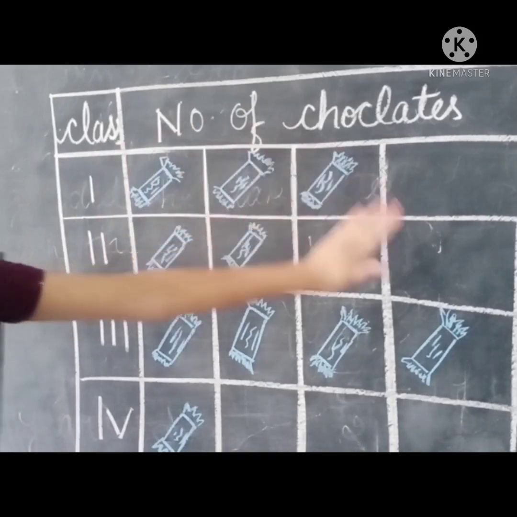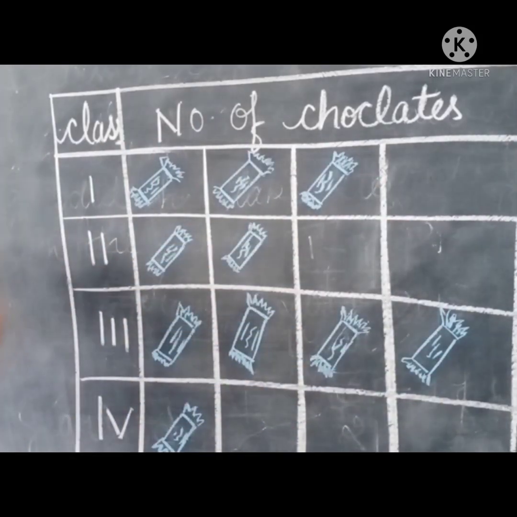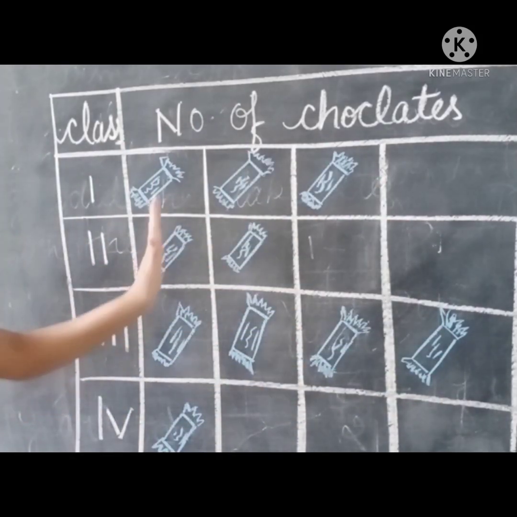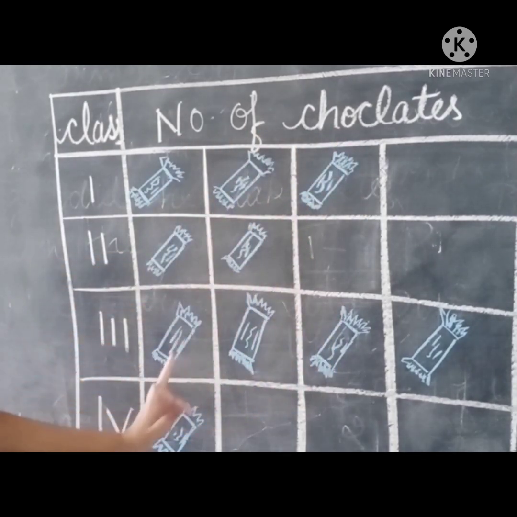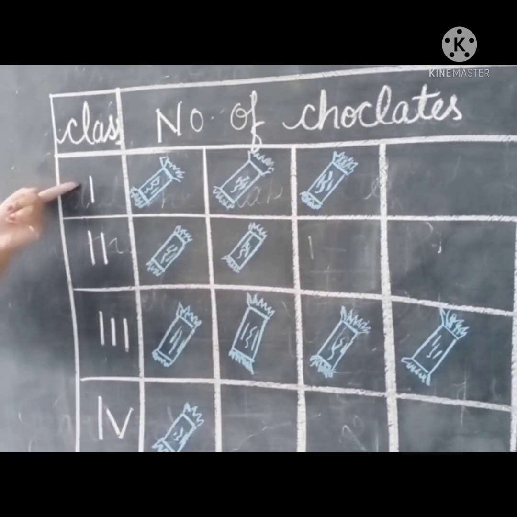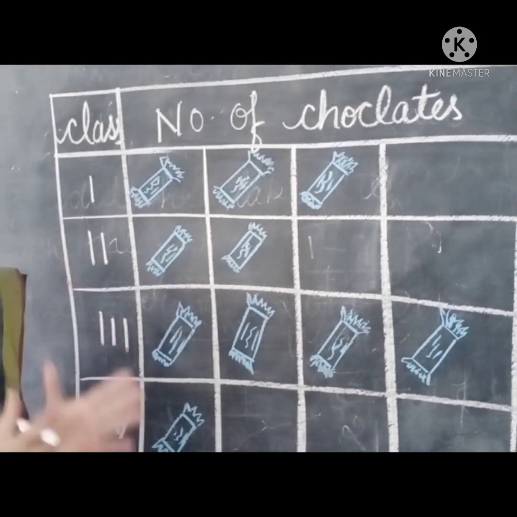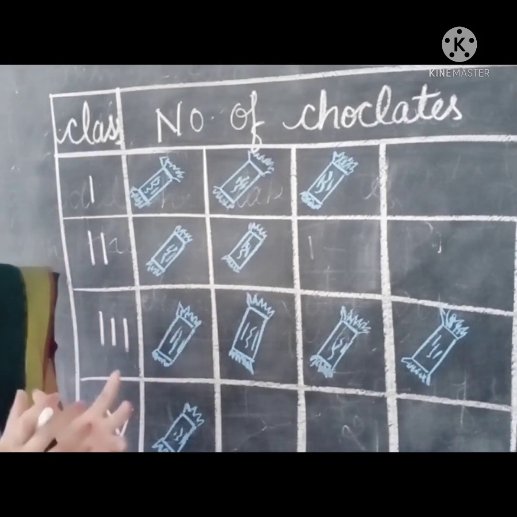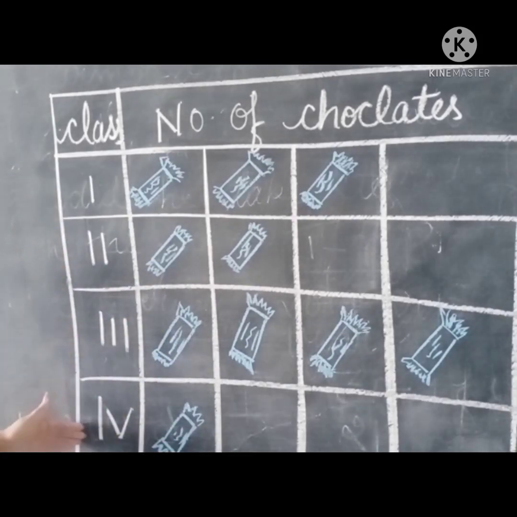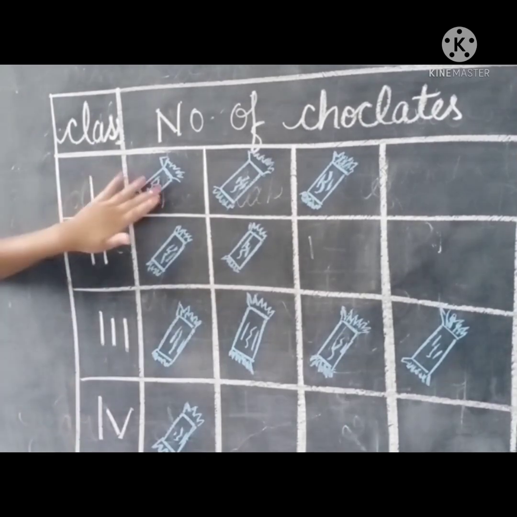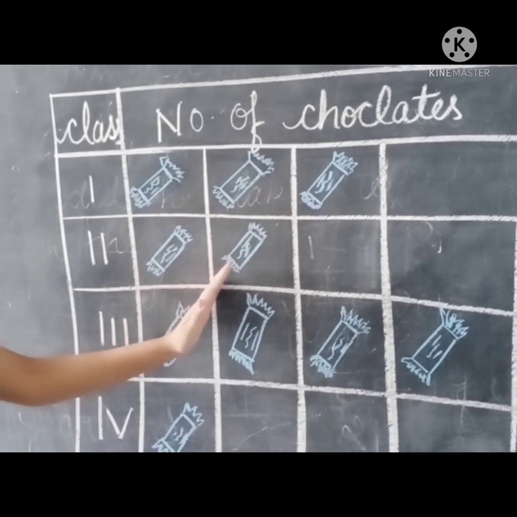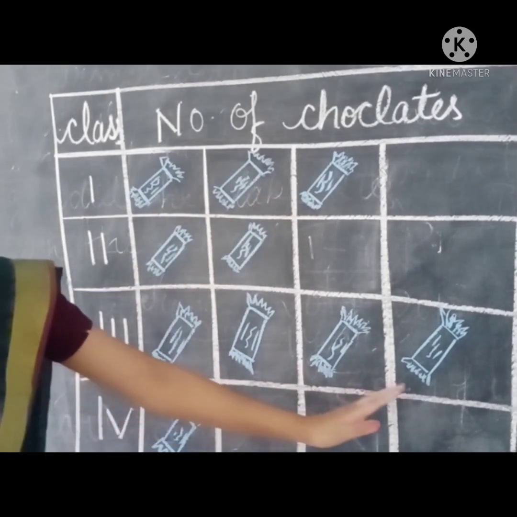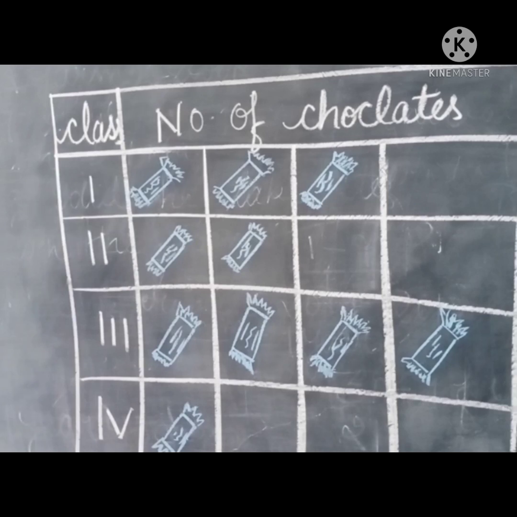Look at this pictograph. You can see there are chocolates, these are the number of chocolates, and these are classes first, second, third, fourth. Let us suppose that on Independence Day these classes got some chocolates, and only these number of students were present: 3 in first class, 2 in second class, 4 in third class and only 1 in fourth class.